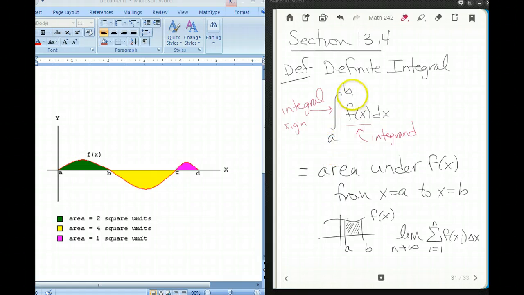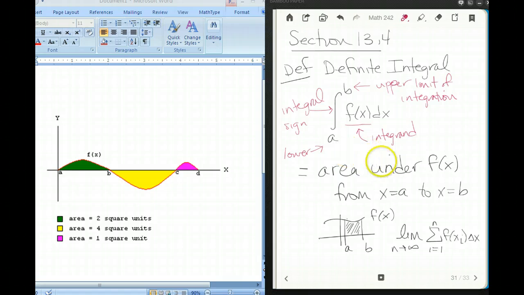And so these are what are called the limits of integration. And of course, since there's one on top and one on bottom, we have to make a distinction between them. This is the upper limit of integration. And correspondingly, a would be the lower limit of integration. Okay, I'll let you rewrite all of that stuff, but a is the lower limit of integration.